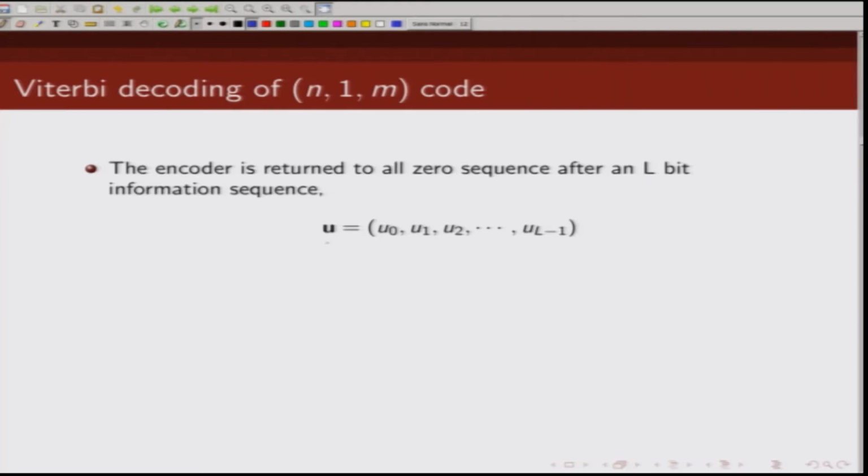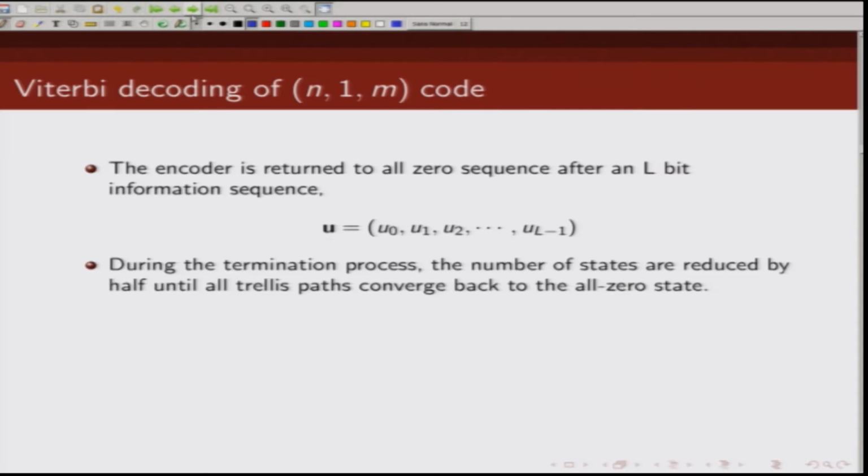So, if you have an information sequence which is L bits, denoted by U, so our information sequence is U0, U1, U2, up to UL minus 1, where these are basically zeros and ones. Now, during the termination process, because we are trying to bring it back to all 0 state, the number of states get reduced by half until all the trellis paths converge to all 0 state.